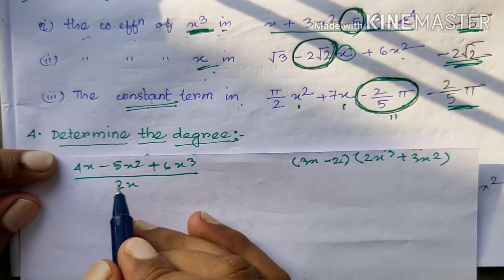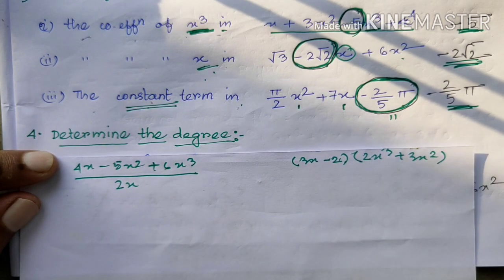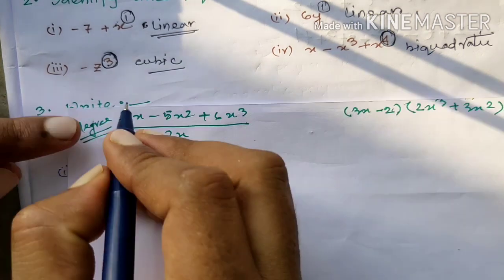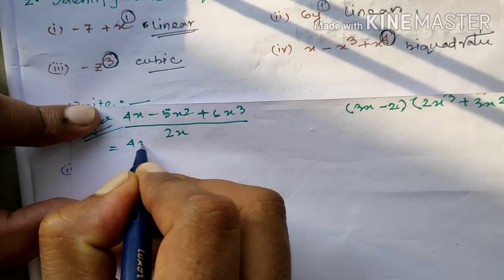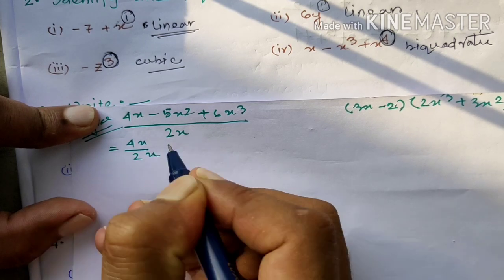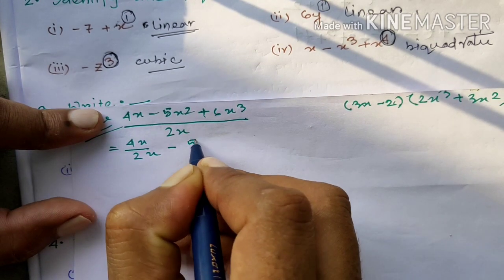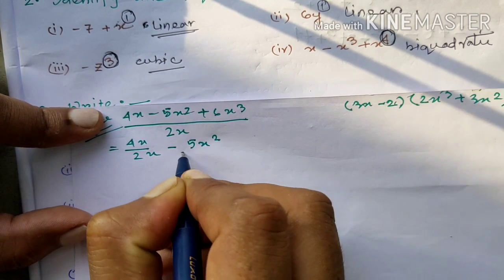Next, determine the degrees. 4x minus 5x square plus 6x cube by 2. You have to calculate this polynomial. At first, separate the terms.